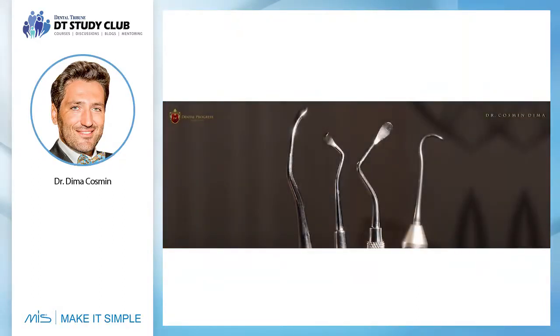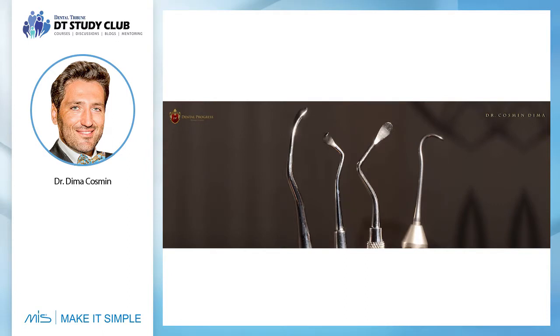But we also need the ideal instruments, and I recommend you to have at least 4, 5, 6 curettes with different angulations. These are 4, but the other ends are different, so I have 8 different approaches with this kind of instruments to solve every situation, because there is nothing worse than to perforate the membrane because you don't have the right instrument.